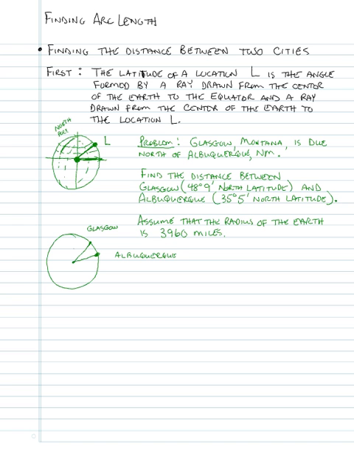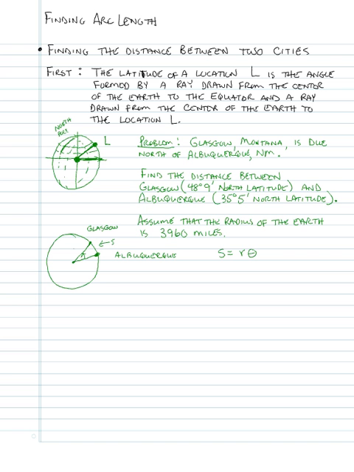Now, what I need to know is the angle between these. I'm looking for this distance, that arc length. And to use that arc length, I need to know r and theta. And so that's how I'm going to do this calculation.